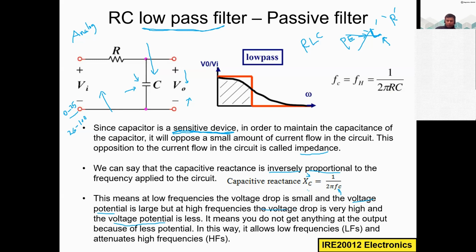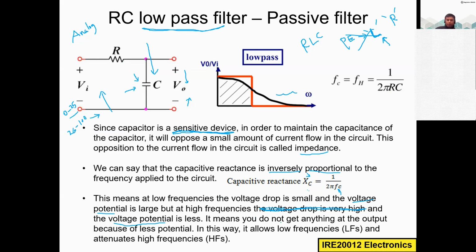Maybe you just forget this voltage drop. You don't need to think about two variables at a time. You just think about only one variable. So here we will only talk about the voltage potential. Voltage potential is less at high frequencies. So for these frequencies, the voltage potential is very less, so we get the output as 0.